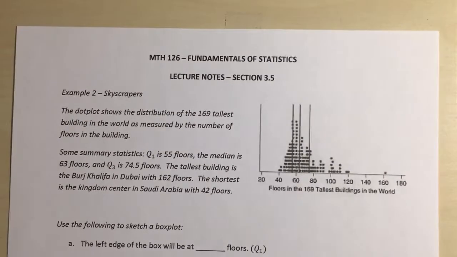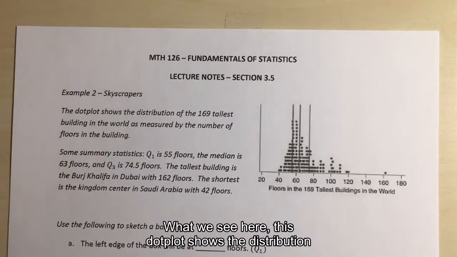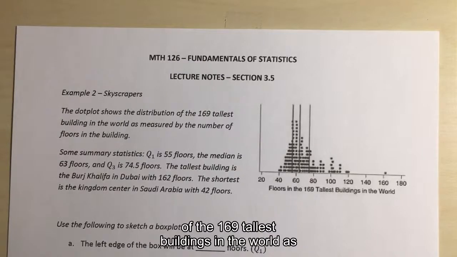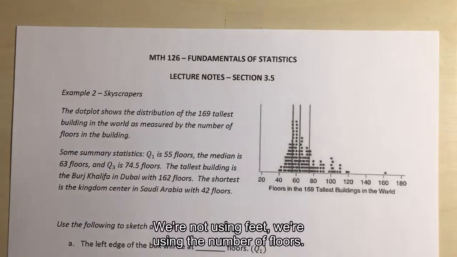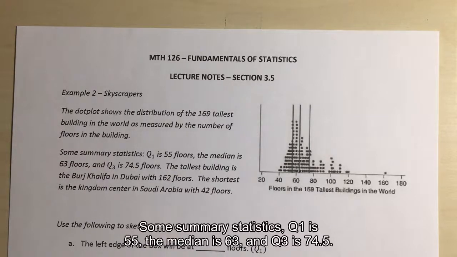Alright, so what we see here, this dot plot shows the distribution of the 169 tallest buildings in the world as measured by the number of floors in the building. So we're not using feet, we're using the number of floors. So some summary statistics. Q1 is 55, the median is 63, and Q3 is 74.5.